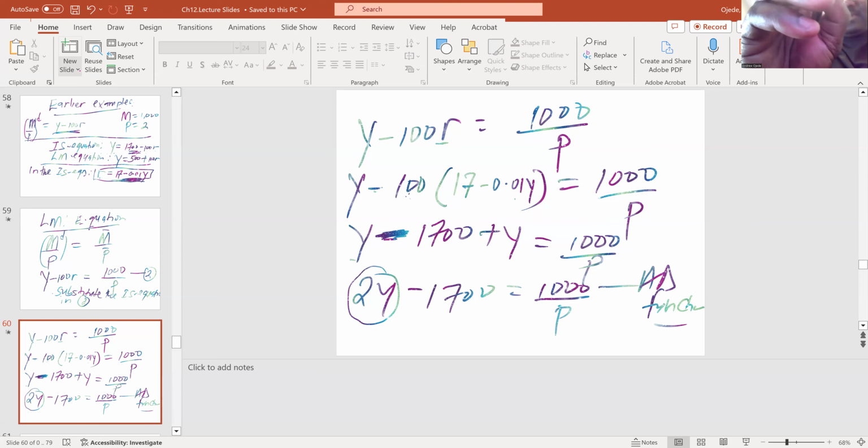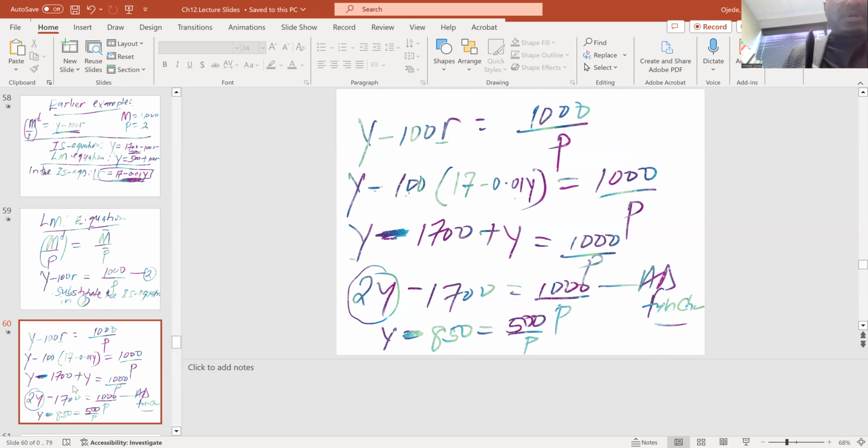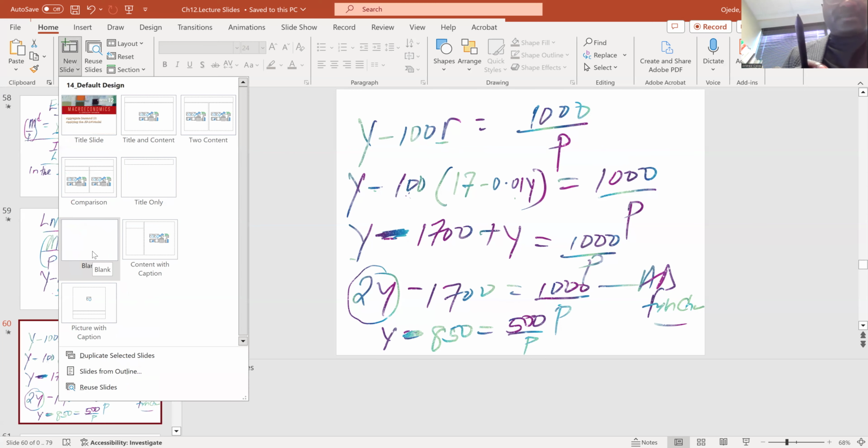If I divide all through by 2, you get Y minus 850 must equal 500 over P. And then, as a second step of cleanup, I can take the inverse of both sides.